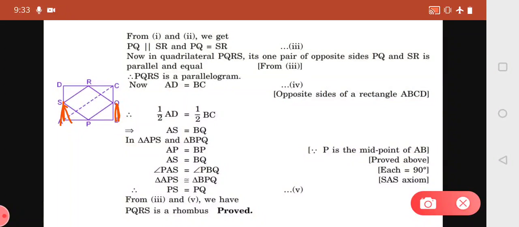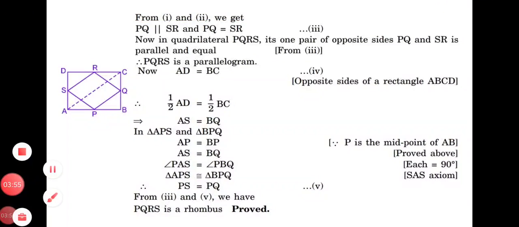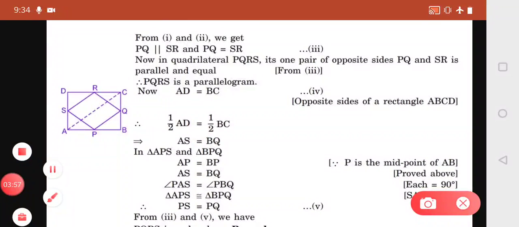So, in triangle APS and triangle BPQ, you can see this small triangle APS, and in triangle BPQ, this another small triangle. Let's see the equality. AP equal to BP. Why are both equal? Because P is the midpoint of AB. AS equal to BQ.